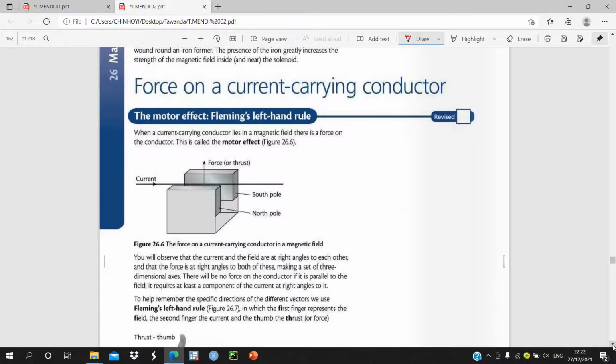We are moving on to the force on a current carrying conductor placed in a magnetic field.